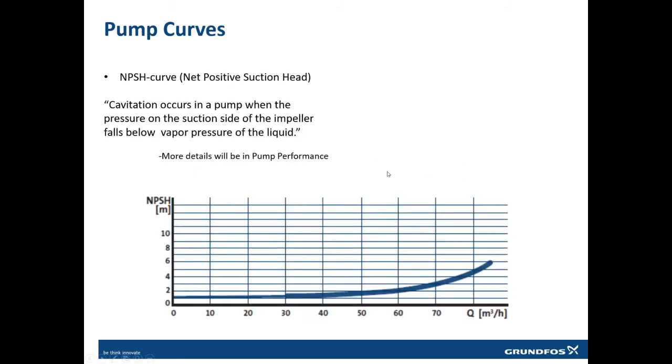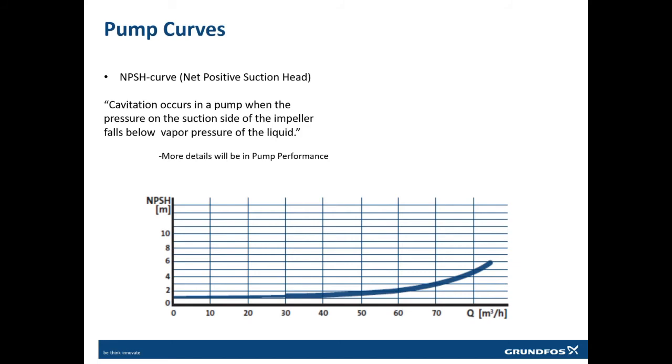The NPSH curve, we'll talk about cavitation in detail, but NPSH is the characteristic of the pump which says what should be your minimum pressure, or minimum suction pressure, at your suction. This is denoted in meters. As the flow increases, this minimum pressure increases. If you do not have this pressure, you are going to face cavitation.